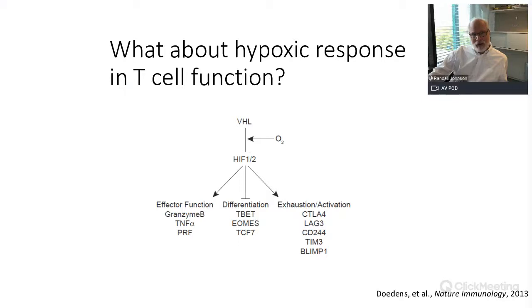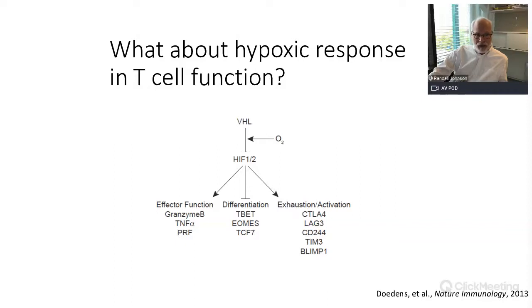And so if we think about that response in terms of actual effects in vivo, this is work that Andrew Dodens did when he was in Ananda Goldrath's group in San Diego.